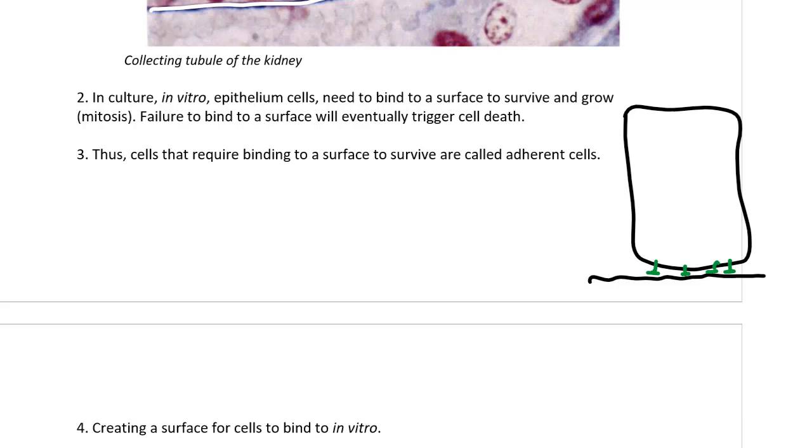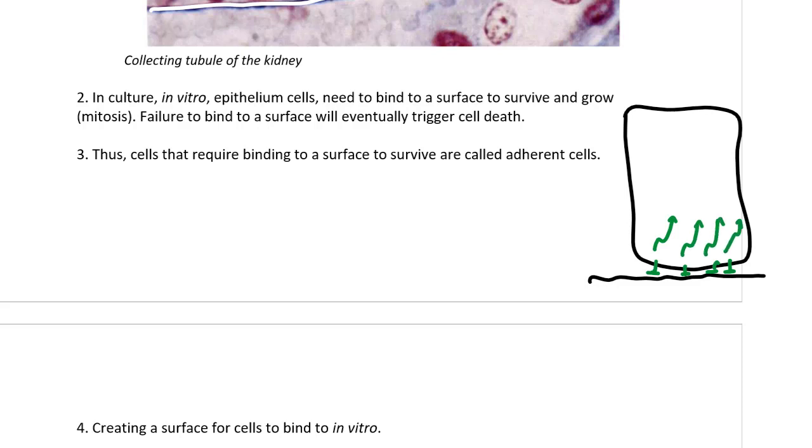Well, whenever you have a receptor bind its ligand, something happens to the cell. Some sort of signal goes into the cell, because otherwise it's kind of useless, right? Upon binding its ligand, some proteins in the basement membrane, a signal goes into the cell to tell it to survive.